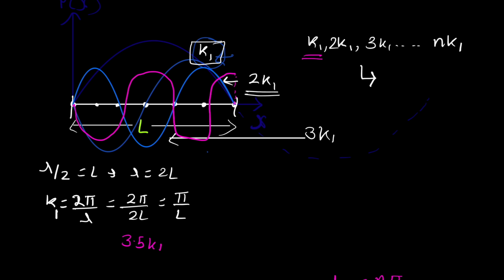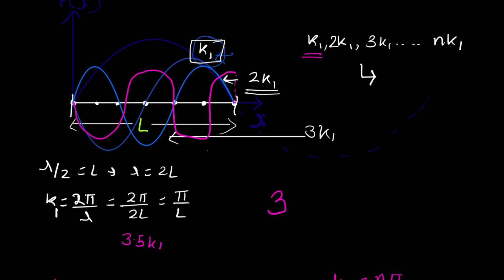So, let's say if I have three electrons in my system, the first two electrons can go to my first state, which is the k1 state, but the third electron cannot be in the k1 state, so it needs to move to the next state, which is k2 or 2k1 in magnitude. Now it makes sense why we are counting these states, because by counting the states up to a certain frequency, we will know how many electrons can be fitted in the particular system.